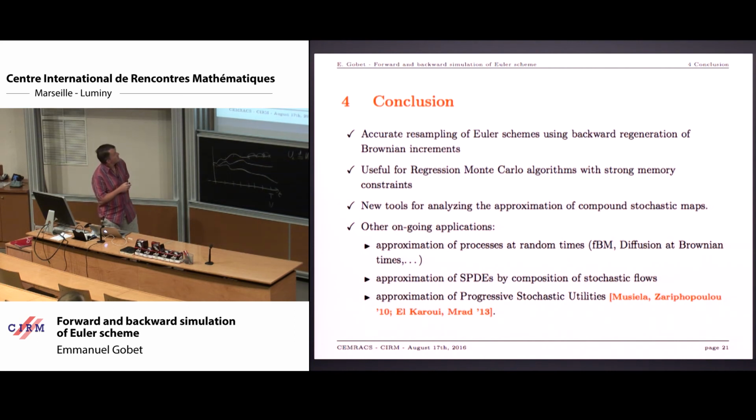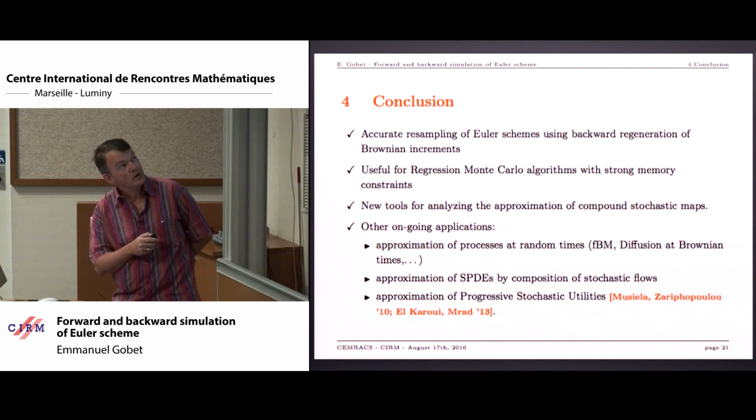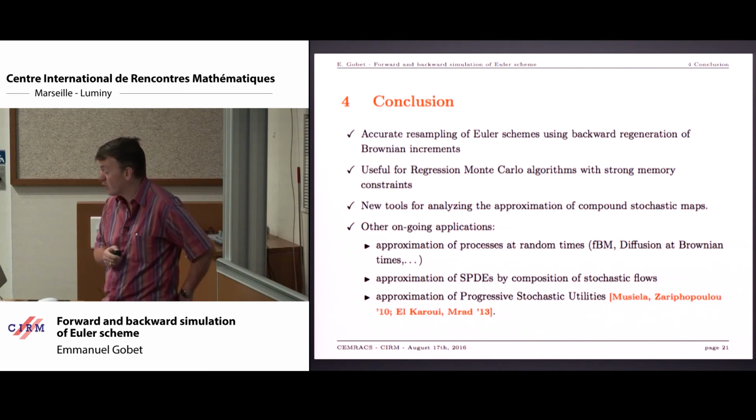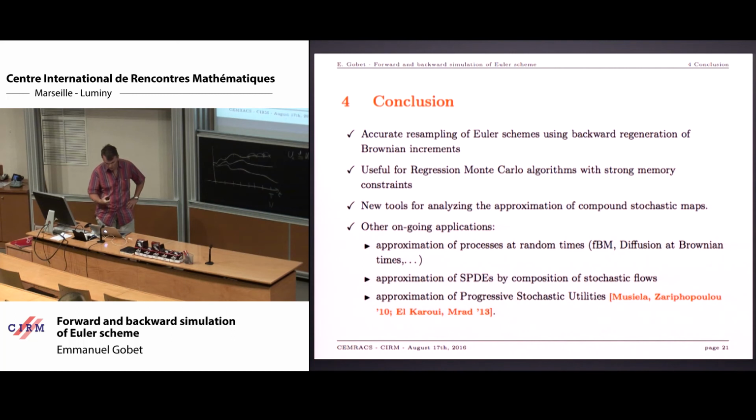I think it could be very useful to save memory for regression Monte Carlo techniques, because we know that the most painful part of regression techniques is due to storing simulations. You have to store the coefficients, but also the simulations. Here we avoid storing everything. If we have n times at which we would have to store the simulation, here we just need to store 1 or 2 dates only.